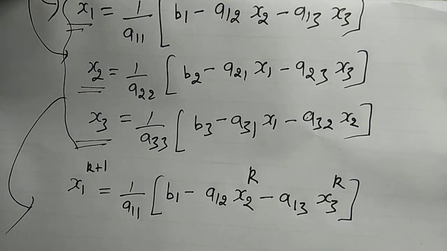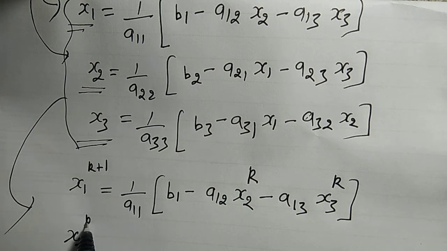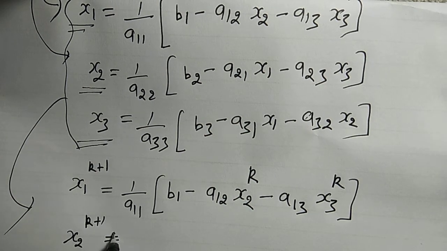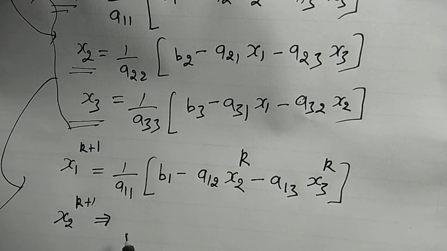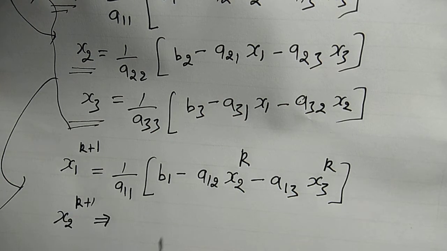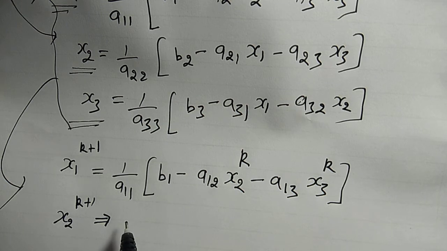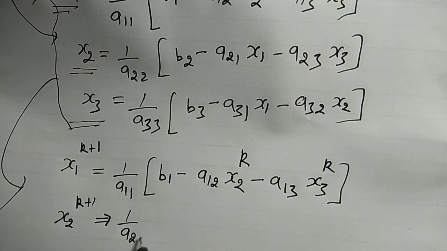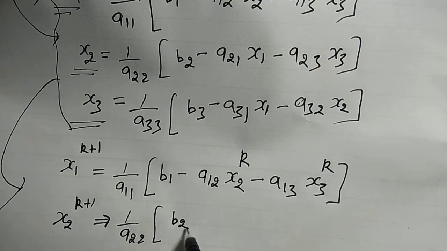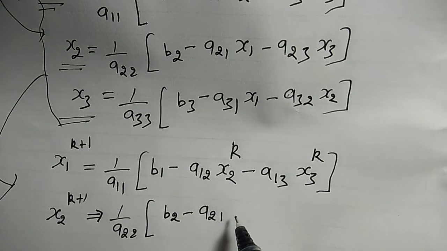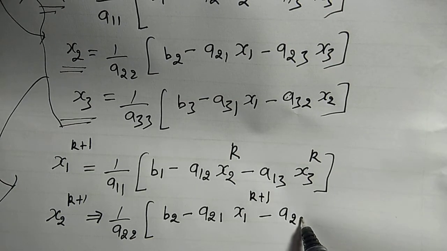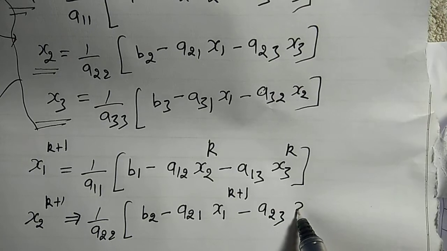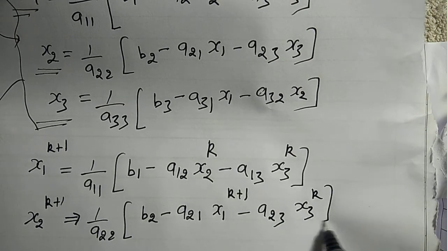Okay, now we'll find out x2 (k plus 1). So for x2 (k plus 1) we use the updated value of x1. So here we can have x1(k) and x1(k plus 1), and we use the updated value of x1. So that will be 1 upon a22 and b2 minus a21 x1(k plus 1) minus a23 x3(k), and for x3 we don't have an updated value, we have x3(k) only, right?